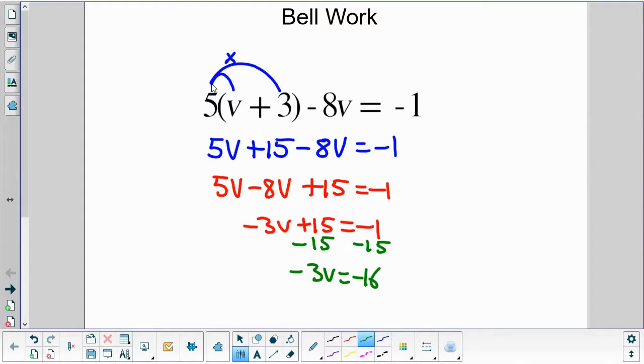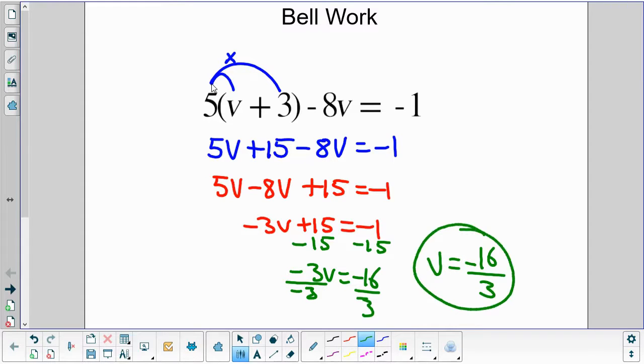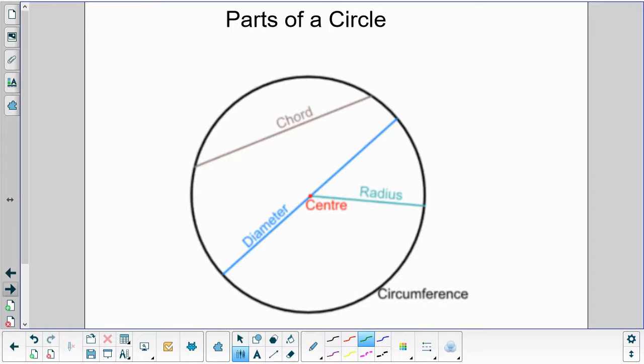And we're going to end up just writing this as a fraction rather than having a bunch of decimal numbers on the end. So we divide by negative 3, and we end up with v equals 16 thirds, and that should actually be a positive 16 thirds because we divided both sides by a negative.